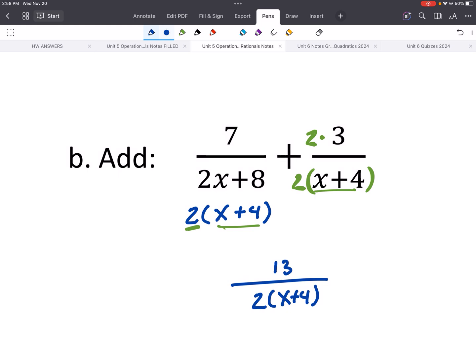Right now, there's nothing that could cancel out this 2 and 13. So that would just be our answer. And we just need to write down our excluded values. X cannot be, again, what could make that 0? X can't be -4.